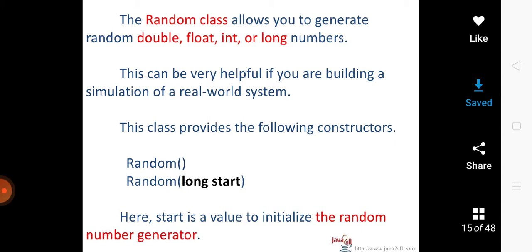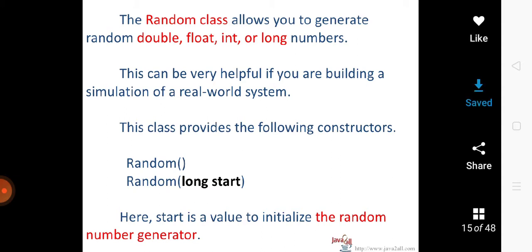Sometimes we need a random value to test some conditions and to test our program. Whenever you are going to solve some statistics problem, you can use the random class to generate a certain random value.